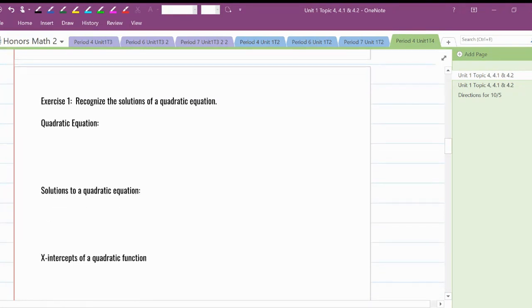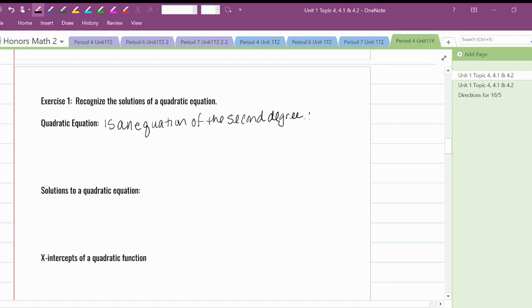We've got to do some vocab. So a quadratic equation is an equation of the second degree.